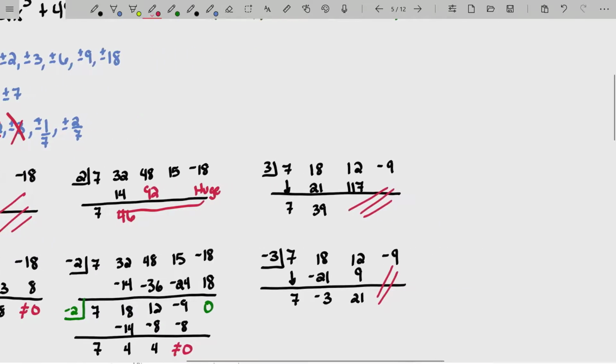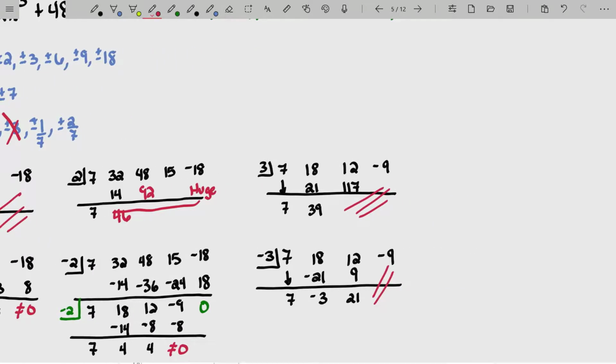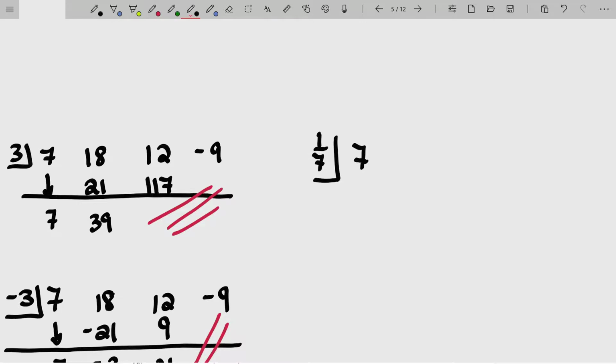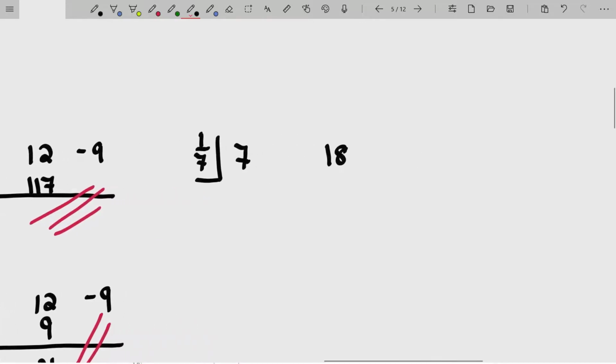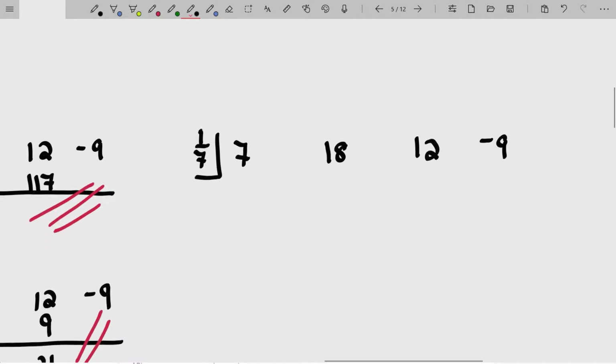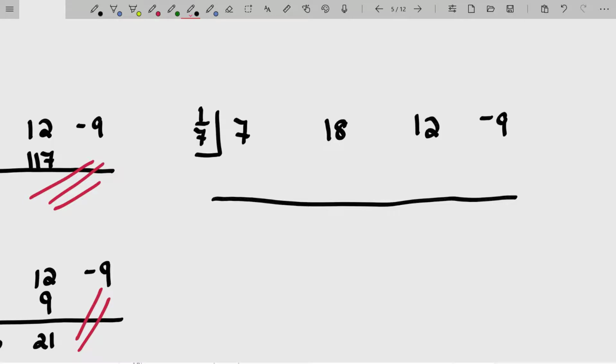So I go to the 1/7 and the 2/7. Now remember what I said in one of the earlier videos on synthetic division. If you start synthetic division with a fraction like 1/7, which we're about to do, you really want to be very aware that fractions really suck, right? You don't want to deal with fractions for a long period of time.